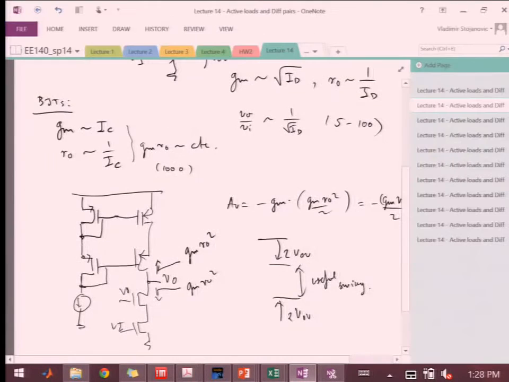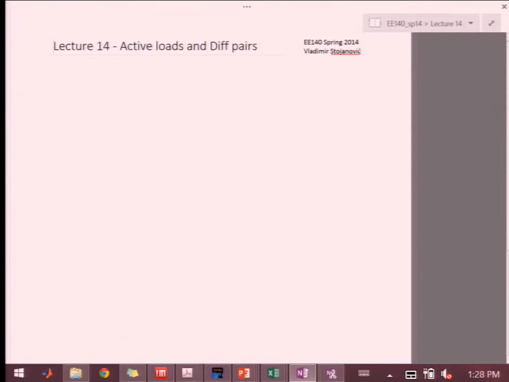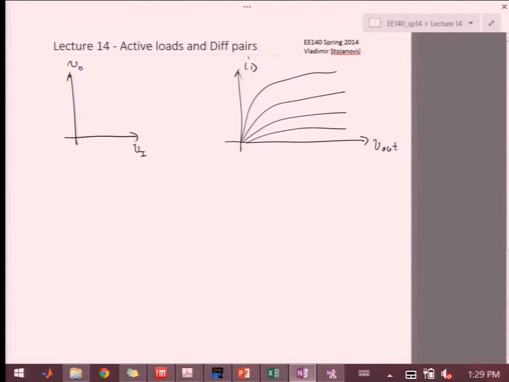Okay. So just in terms of analyzing these kinds of things, sometimes you're asked to draw something like VO as a function of Vin, which you had in homework a few homeworks ago. Usually, it's interesting to look at the ID versus V out, and so our bottom device would have a whole bunch of curves that all correspond to a certain VGS that we're applying.